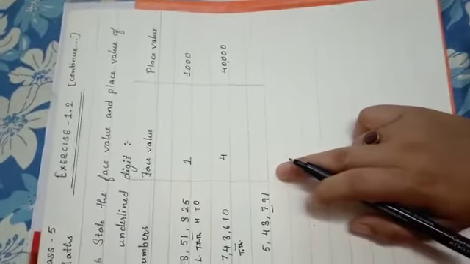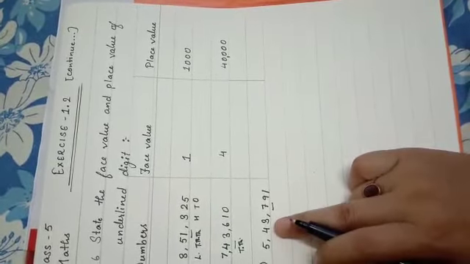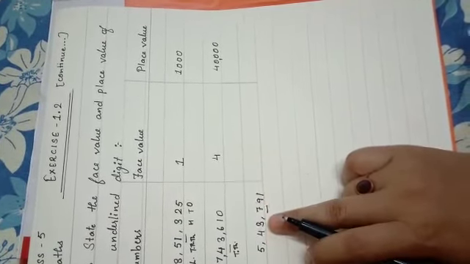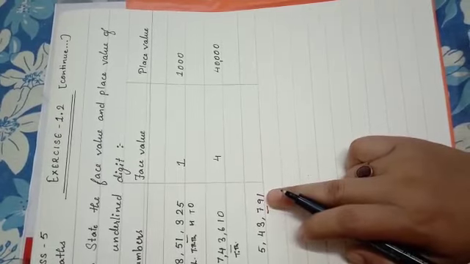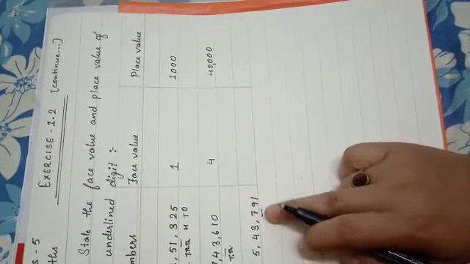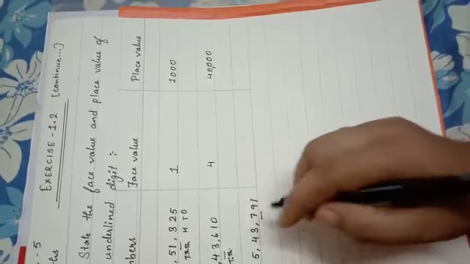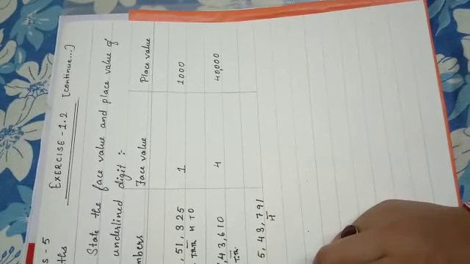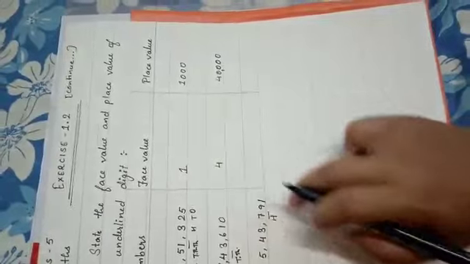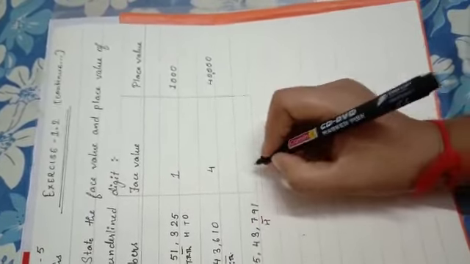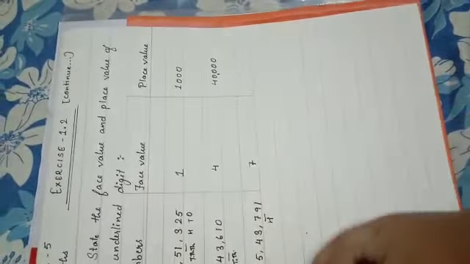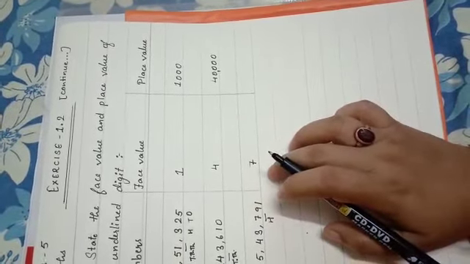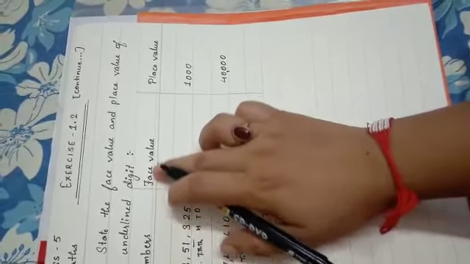Okay, one more question, let's see, that is 543791, that is 5,43,791. The underlined digit is 7, which is at hundreds place. Now the face value of 7 will be only 7. I will not write 700, I will only write 7, because it is asked face value.